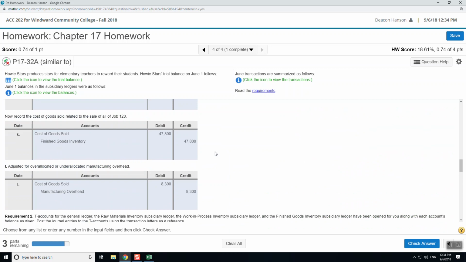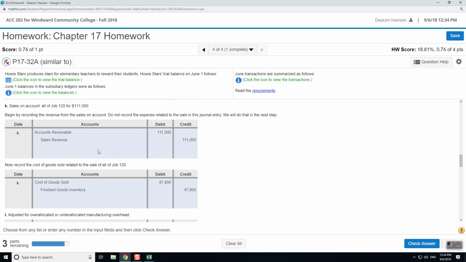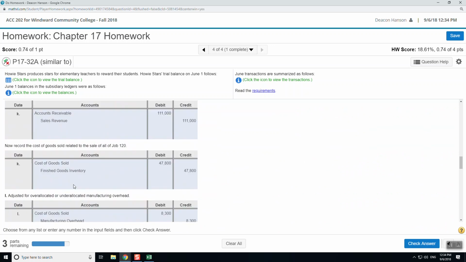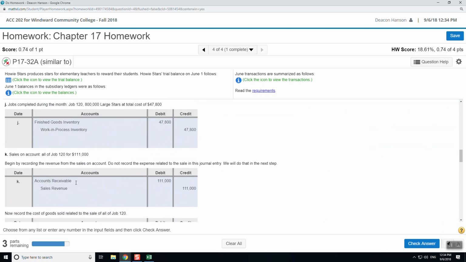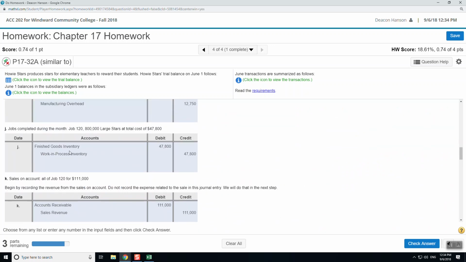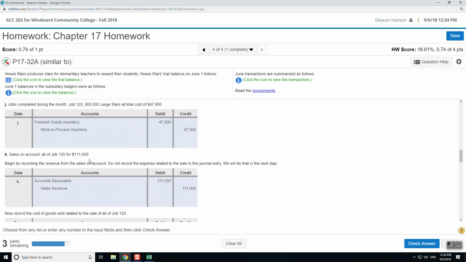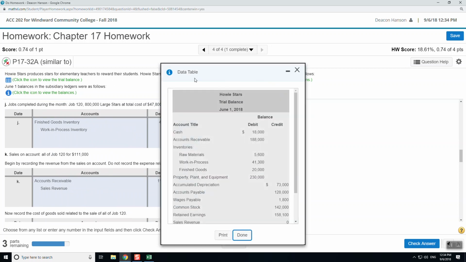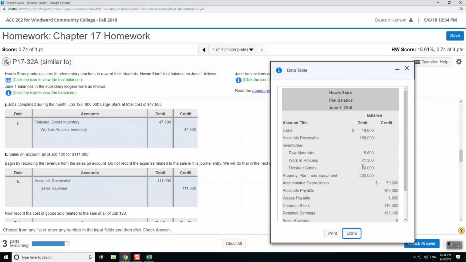Job 120 went into finished goods and it came out of finished goods, right? It moved into finished goods, 47,800, and we sold it. So job 120 is not in finished goods. So I'm almost apt to just go into my trial balance, checking out what the beginning finished goods balance was, 20,000.